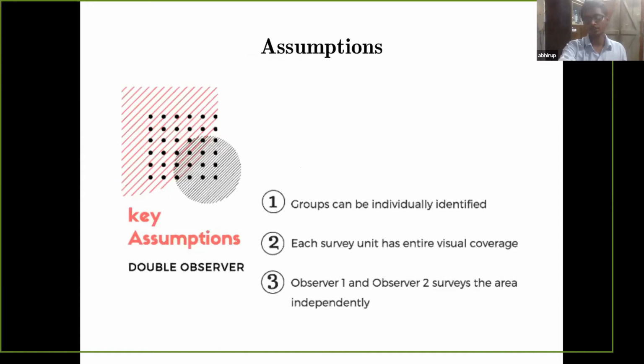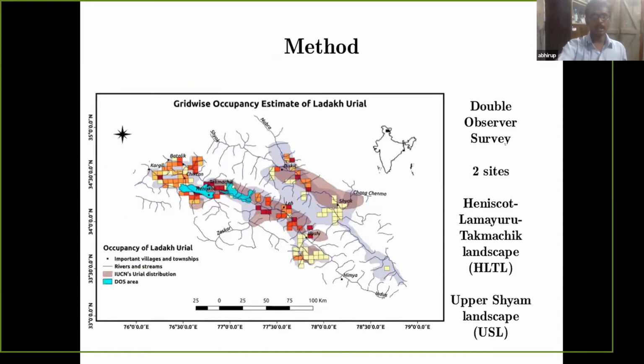So I'll not go into the details of those assumptions, but what we have done is taken these blue sections that you are seeing, which we considered as the prime Urial habitat, and we selected two sites. One is the Heniskot Lamayuru Takmachik landscape, or HLTL, and another is the Upper Sham landscape, or USL.